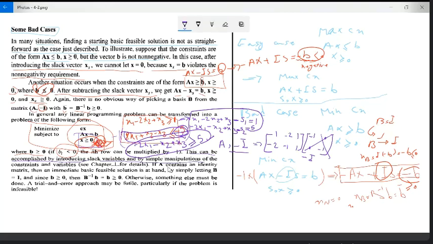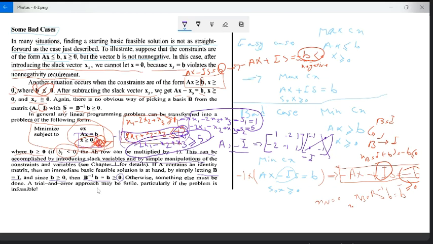If R contains an identity matrix, then an immediate basic feasible solution is at hand. By simply letting B equal to I, and since b is greater than or equal to 0, then B inverse b equals b, which is greater than or equal to 0. Otherwise, something else must be done.